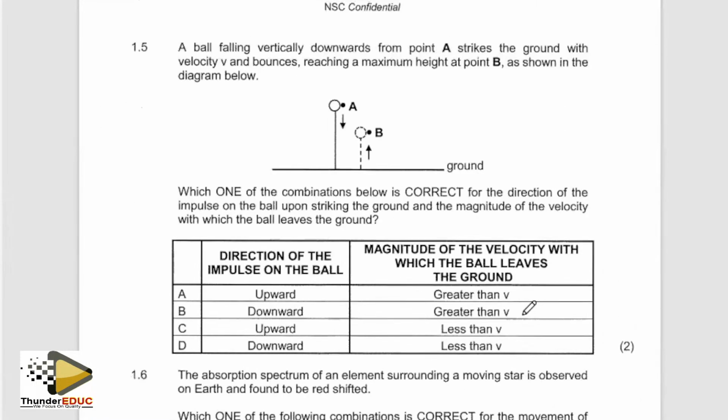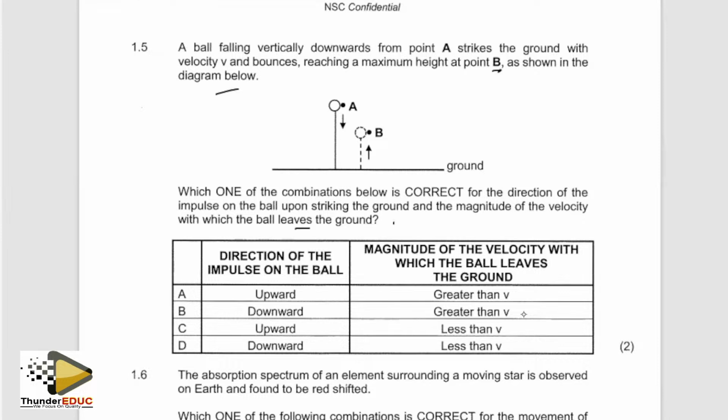1.5. A ball is falling vertically downwards from point A, strikes the ground with a velocity v, and bounces off, reaching a maximum height at P, as shown in the diagram below. Which one of the following combinations is correct for the direction of the impulse of the ball upon striking, and the magnitude of the velocity with which the ball leaves the ground?